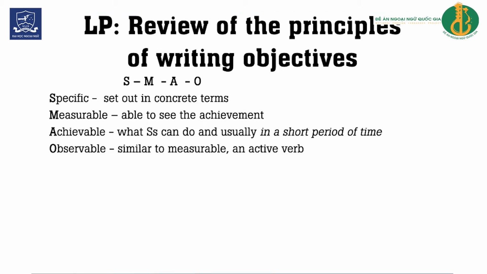Some of you have heard the word SMART used with objectives. SMART objectives. Do you know the difference? Good. The first 3 letters are the same: specific, measurable, achievable. Now R is for realistic.